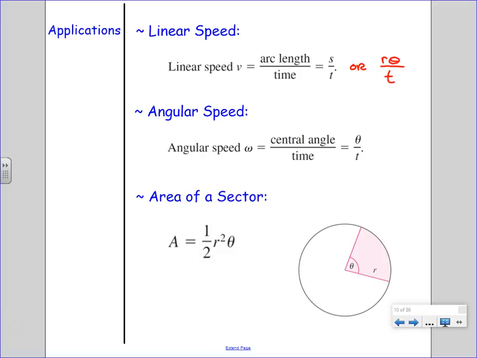Central angle. Uh-oh. Hold on, remember, in all of these, whenever you see theta with all of these physics applications, you need to be in radians. And if you're in degrees, or if they give you degrees, you have to convert first to radians.